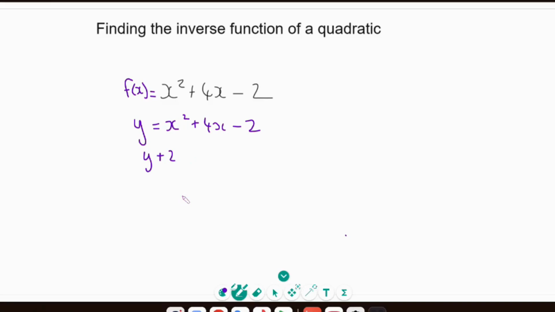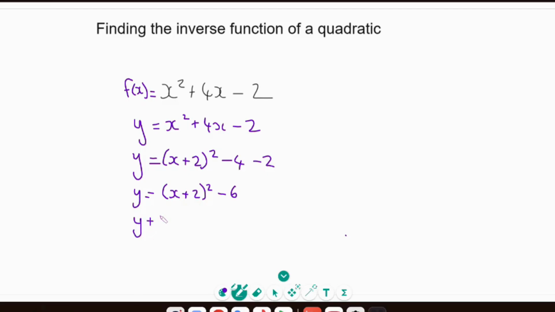And the method you need to remember when you have a quadratic is to complete the square. Solve by completing the square, or make x the subject by completing the square. Halve our 4. 2 times 2 is 4, so we need to take 4 off. We now need to add 6 to both sides.